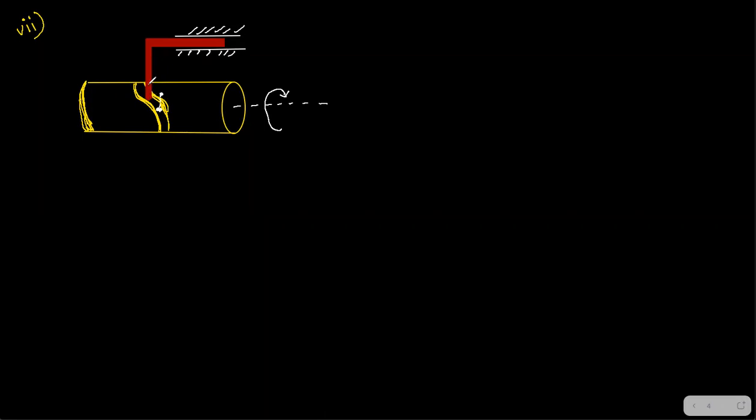At that time what will happen? This red part has to move towards this direction, and it has to sit in this. It means as the cam is rotating, this red part, the follower, is sliding. As the cam is rotating, the red link is actually sliding. I hope the point is clear.